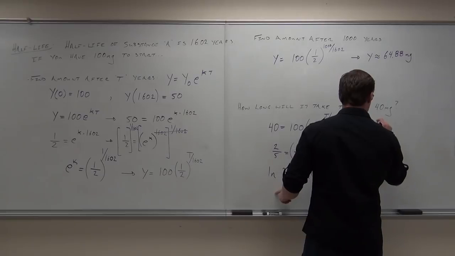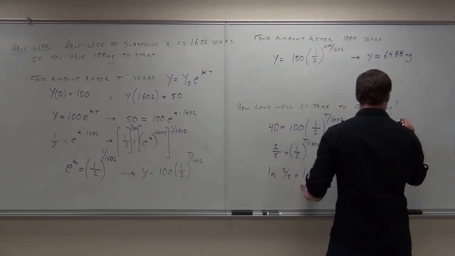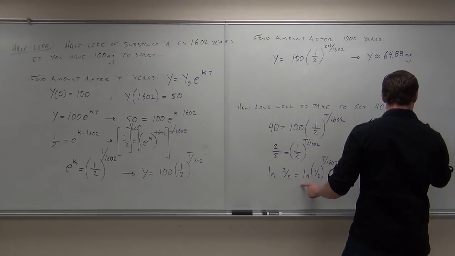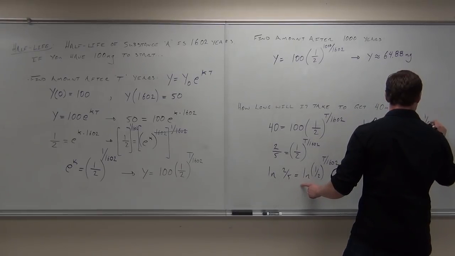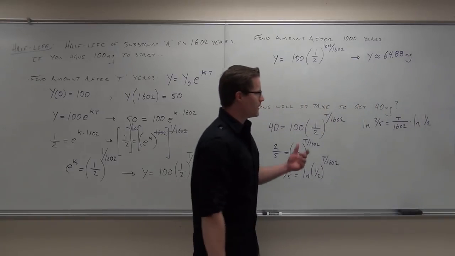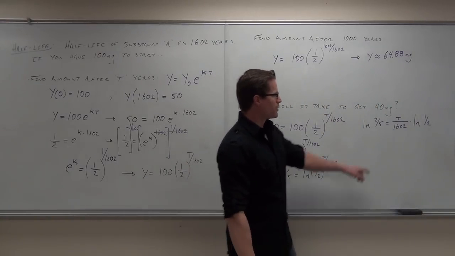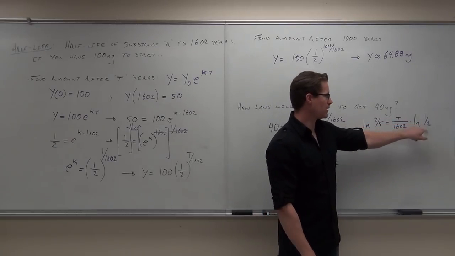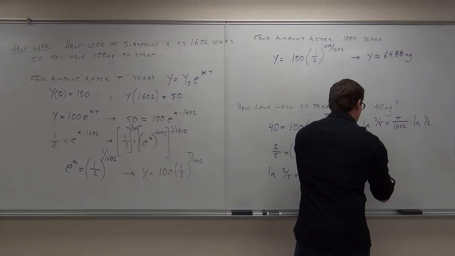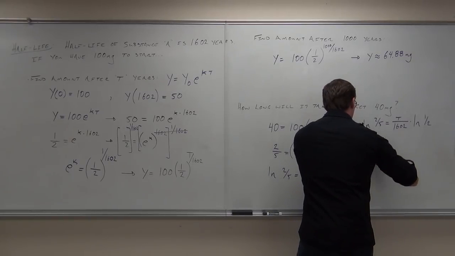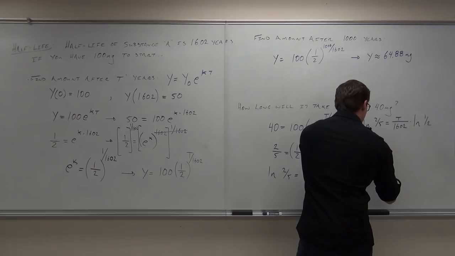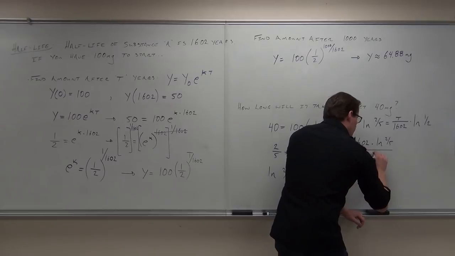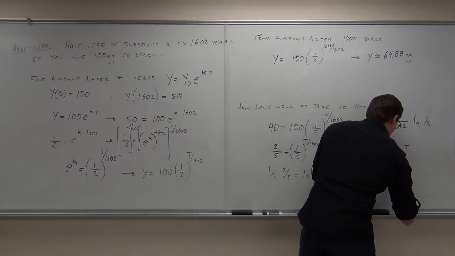So we have ln of 2/5 equals t over 1,602 times ln of 1/2. Now we just do some multiplication and division. If we want to solve for t, we're going to multiply by 1,602. We're going to divide by ln of 1/2. So we get 1,602 times ln of 2/5 over ln of 1/2 equals t.